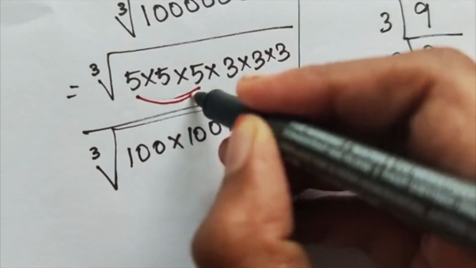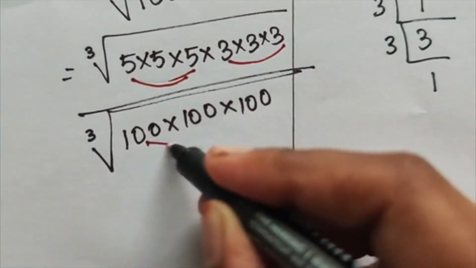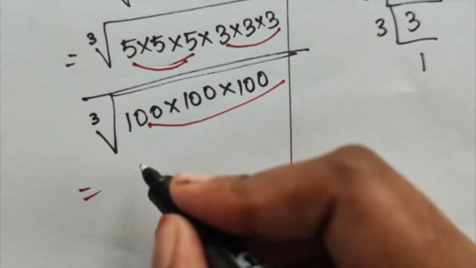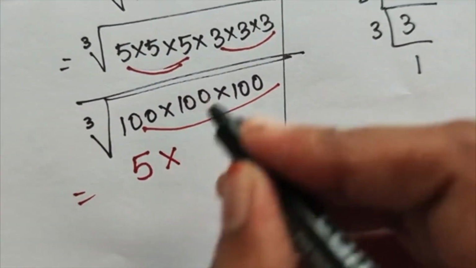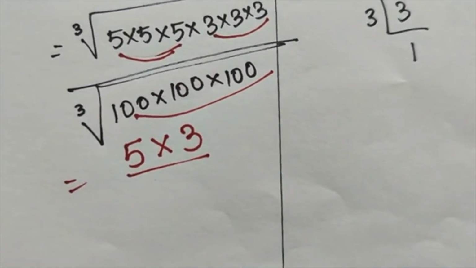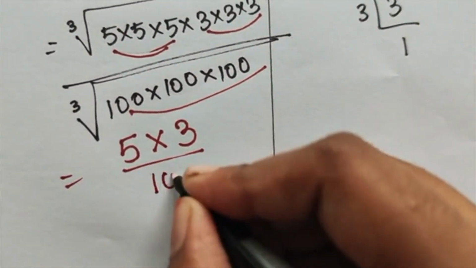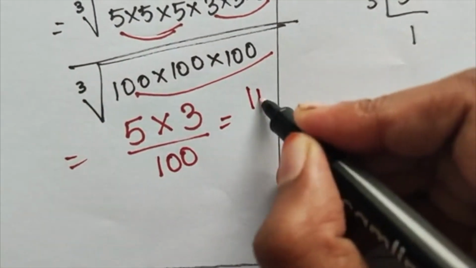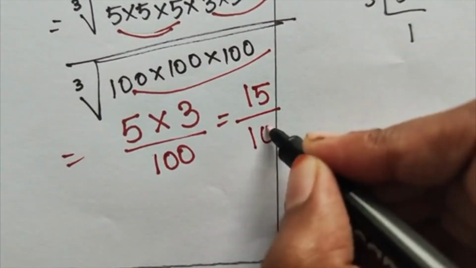So here we have a triplet and here we have a triplet. This one is a triplet. From each triplet, we can take only one number. From this triplet, I am taking 5. This triplet, I am taking 3. And from this triplet, I am taking 100. So this is nothing but 15 by 100.